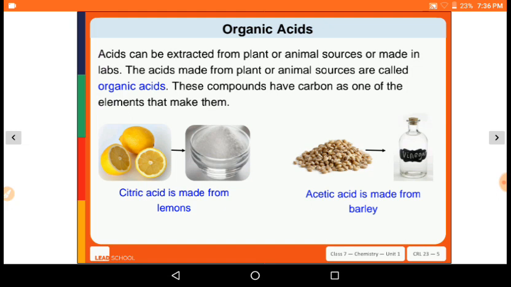These compounds have carbon as one of the elements that make them. So citric acid is made from lemon, and acetic acid is made from barley.